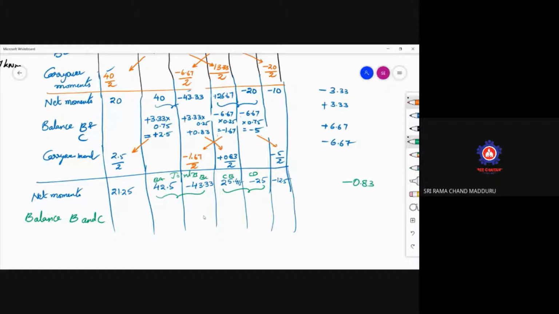Now take the opposite sign, plus 0.83 multiplied with 0.75, plus 0.83 multiplied with 0.25. Now in this case, 25.415 minus 25, which is 0.415, is the remaining difference. You do minus 0.415 into 0.25, minus 0.415 into 0.75. Then carry out the next once again.